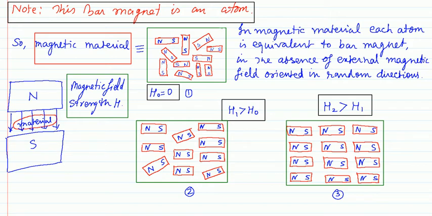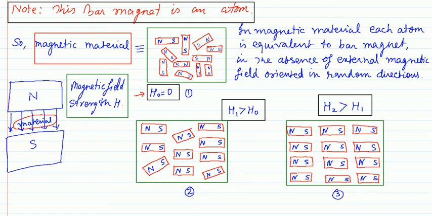So you can see an example of a magnetic material in terms of bar magnets. There are some bar magnets in random directions. These are in random directions because there is no external magnetic field, so the intensity of the external magnetic field is 0.